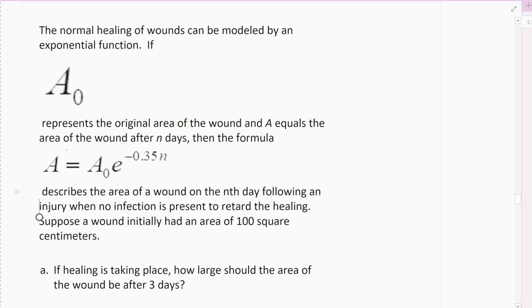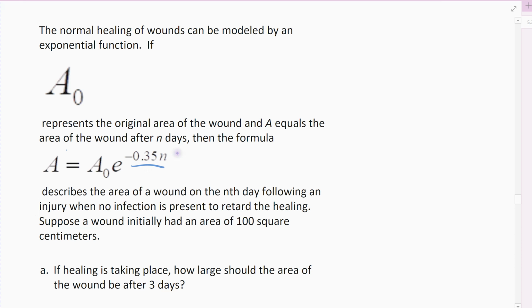The equation A gives me the new area after a certain number of days have passed. As the body heals, the area should now be smaller. It's given by the equation A naught e raised to the negative 0.35n.